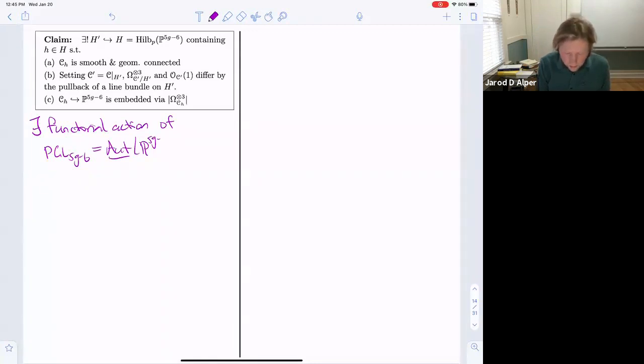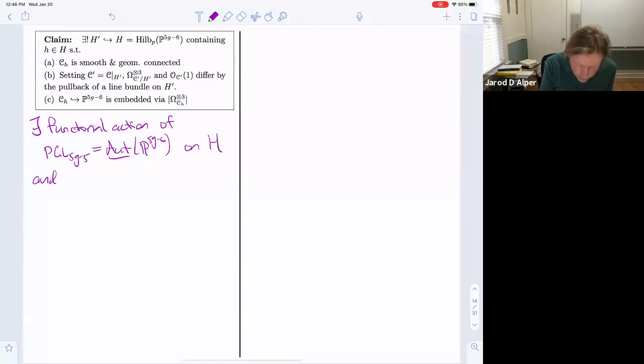Wait, I think I'm off with this. Oh, maybe this should be a 5. There's a functorial action on H, because H is parameterizing closed things embedded into projective space. If you have an automorphism of projective space, you just move that subscheme by that element.